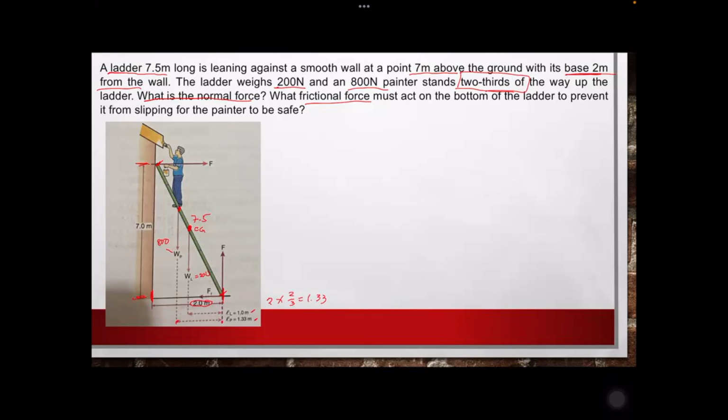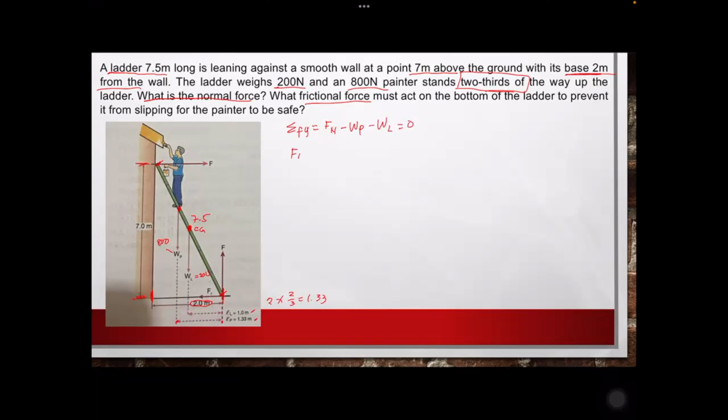Okay, so let's solve it. So, let's have first what is the normal force. So, again, magkakaroon tayo ng summation of Fy is equal to F sub n. Why it's F sub n? That is the normal force minus the weight of the person minus the weight of the ladder is equal to 0.